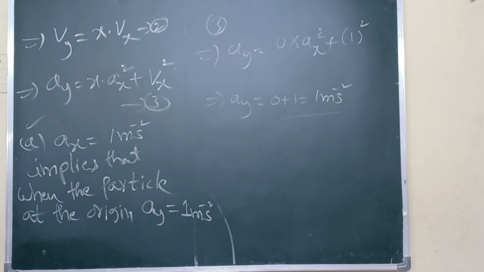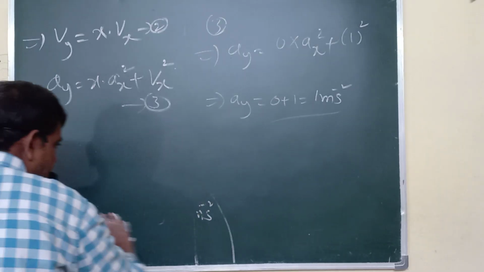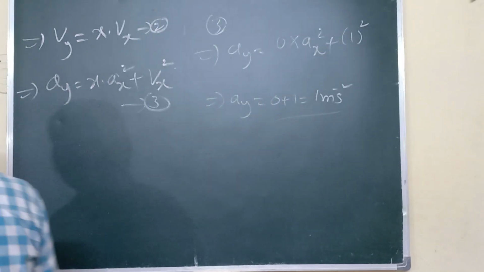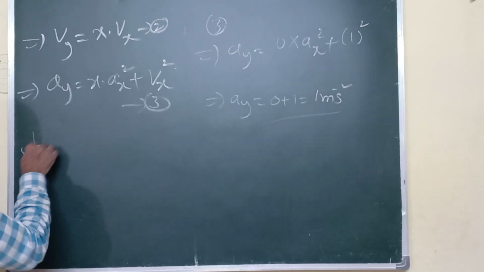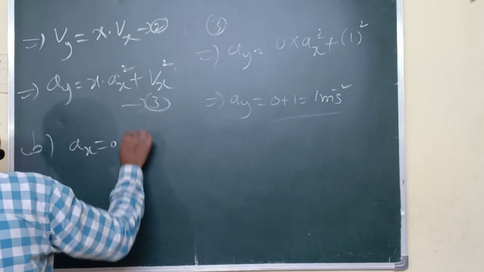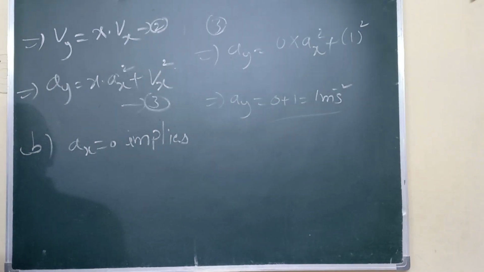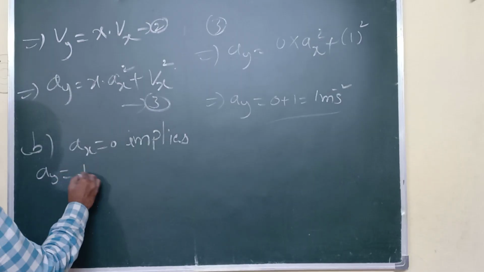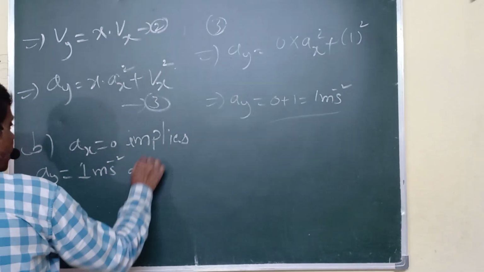Okay. Now write. Second one, B. Ax equal to 0 implies Ay equal to 1 meter per second square at all times.